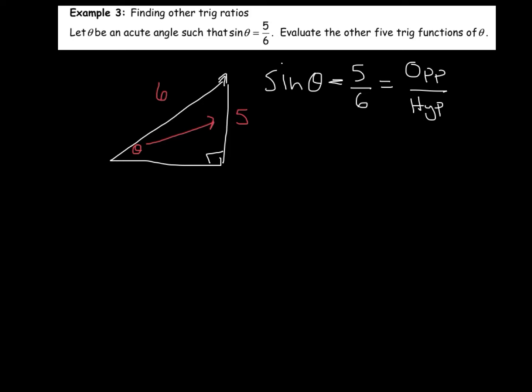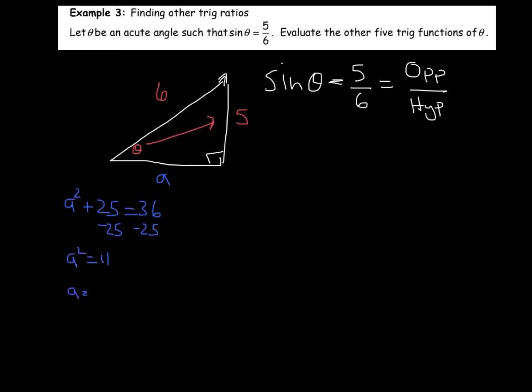So for right now, why don't we call this A? We're going to use the Pythagorean theorem to find A. So we have A squared plus B squared, which is 25, equals C squared, which is 36. So you subtract 25, and A squared equals 11.